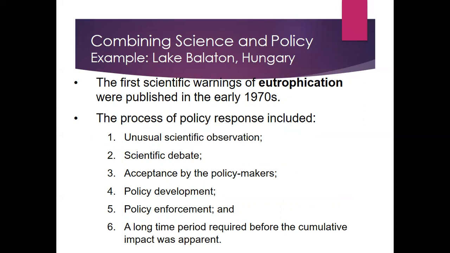The first scientific warnings of eutrophication were published in the early 1970s. The process of policy response included, first, your initial unusual scientific observations. This would have triggered a scientific debate and research and data collection, etc.